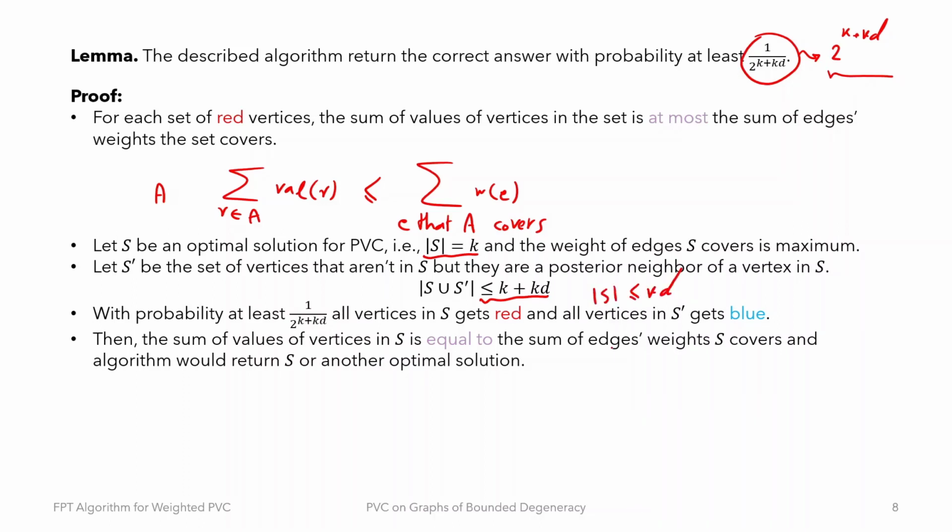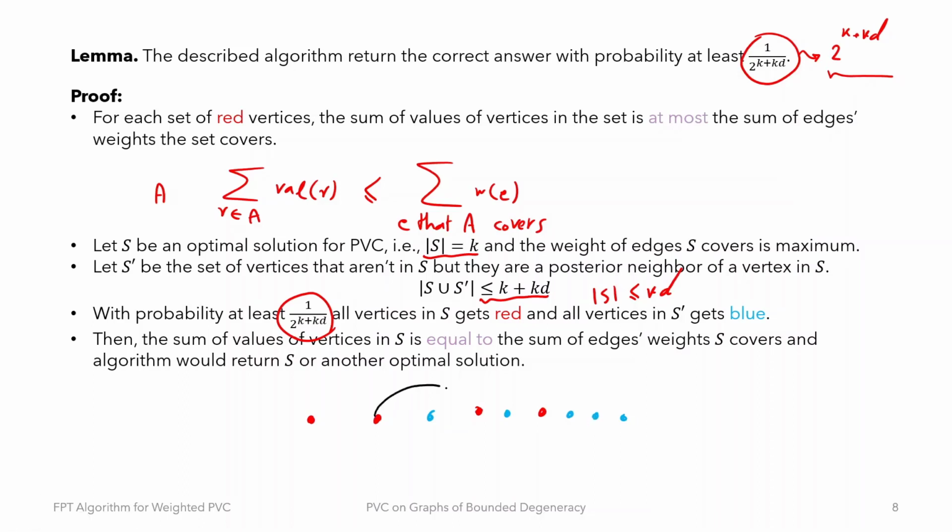Then with at least this probability, we will color all vertices in S with red and all vertices in S prime with blue. So we have vertices of S and we have vertices of S prime.